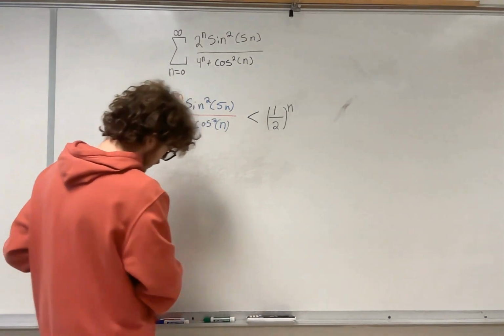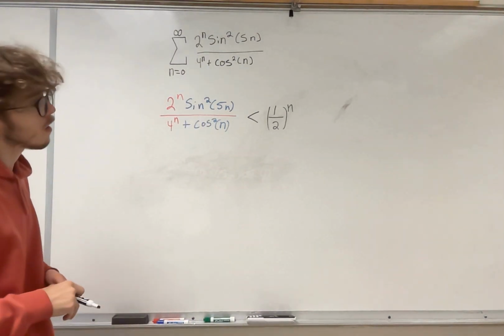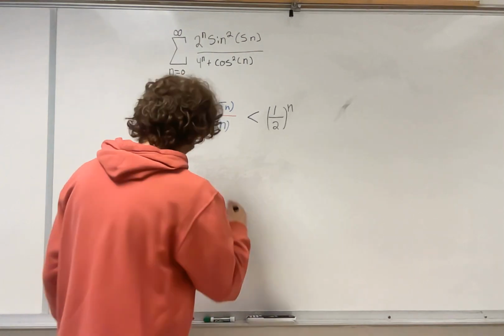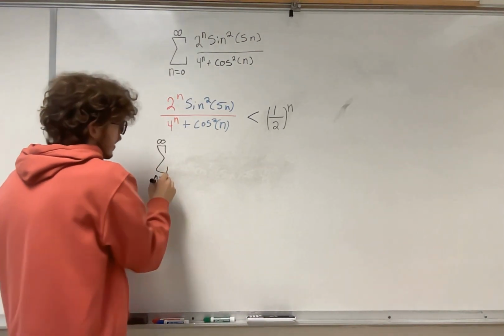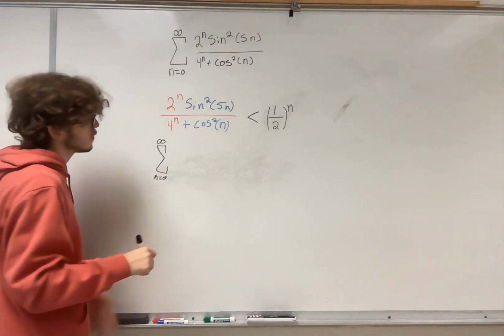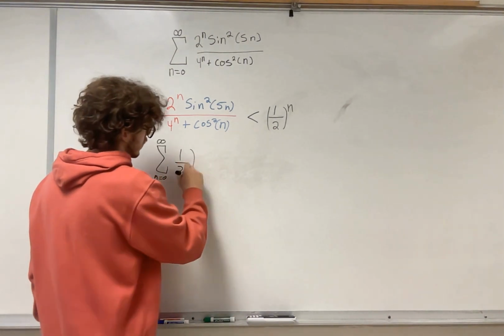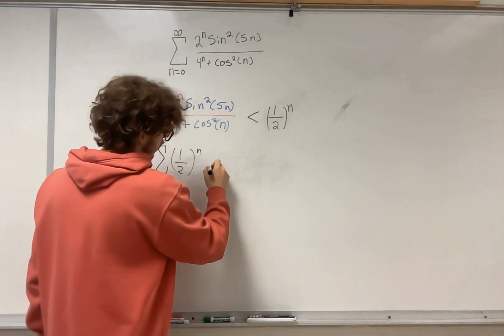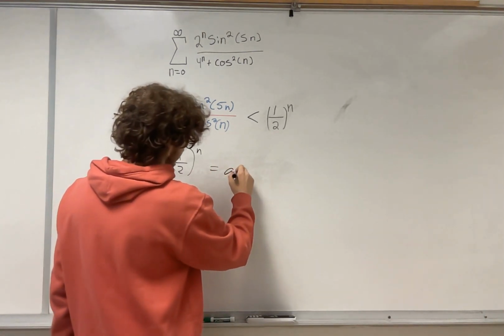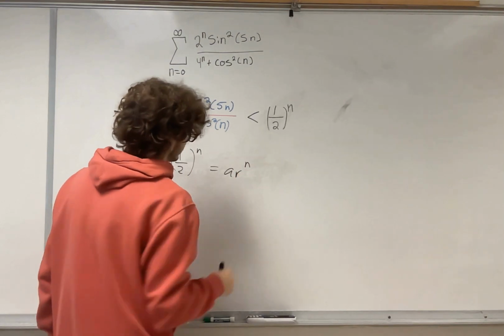Okay, so now we need to make a statement about our geometric series. Now remember, a geometric series follows this format when our index starts at 0, and more easily it would be a r to the n.